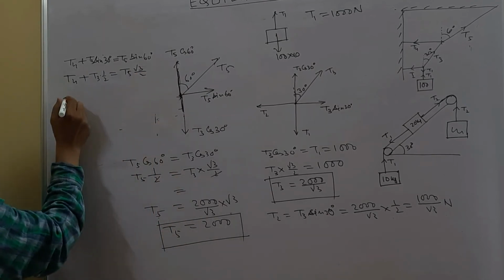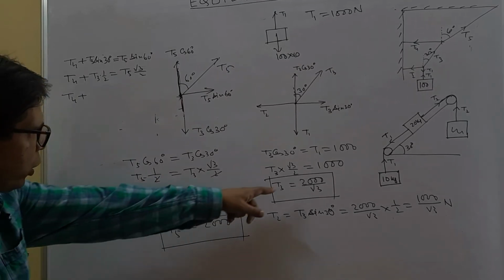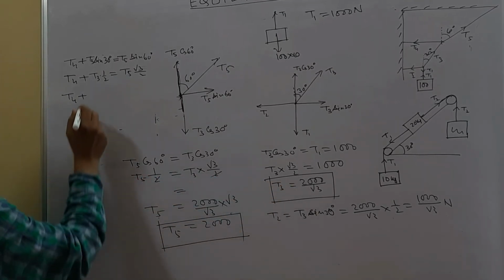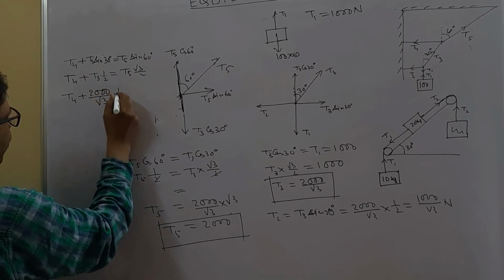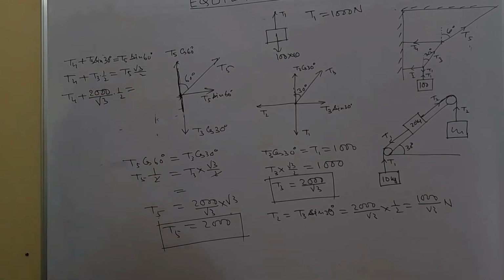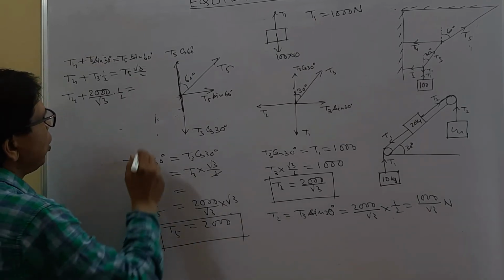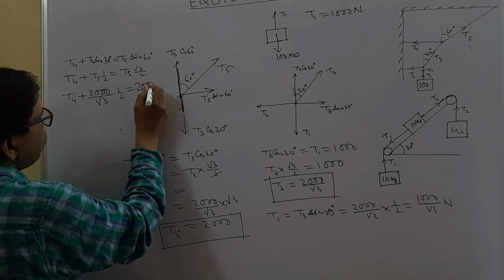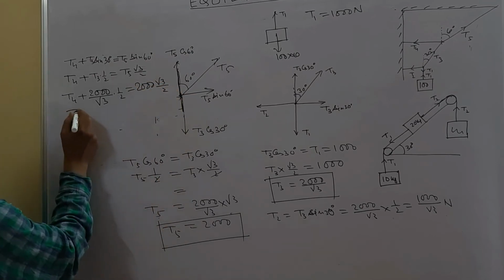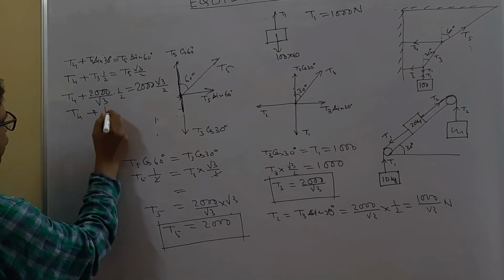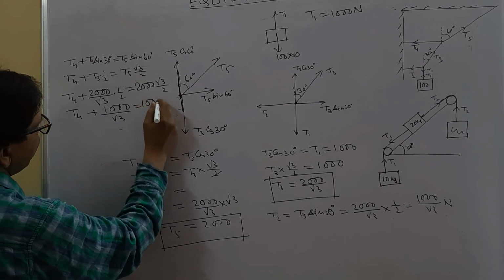Here T4 plus T3, where T3 equals 2000 by root 3, so this is 2000 by root 3 into half, equals T5, the value of which we already got: 2000 into root 3 by 2. So T4 plus 1000 by root 3 equals 1000 root 3.